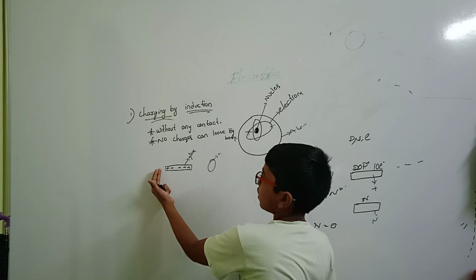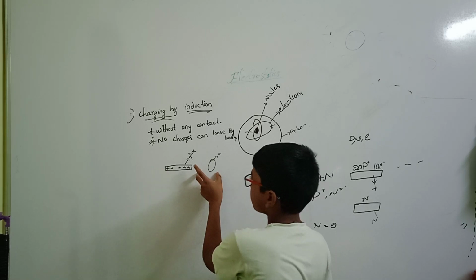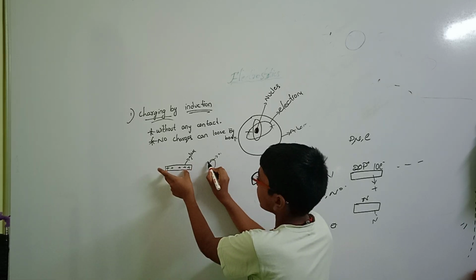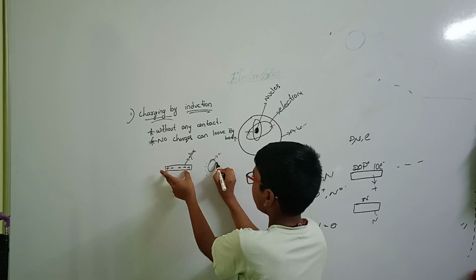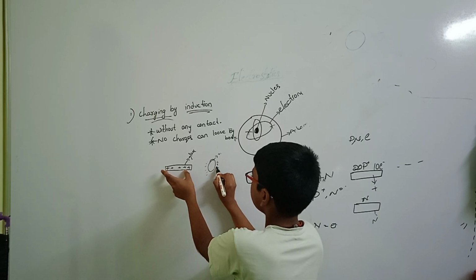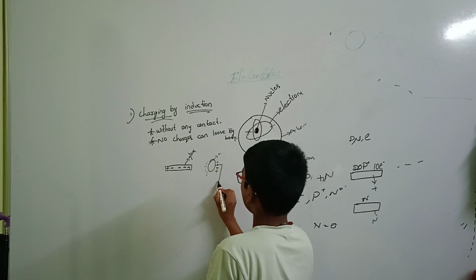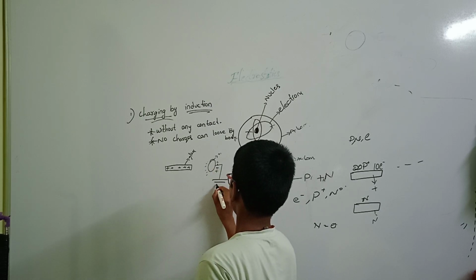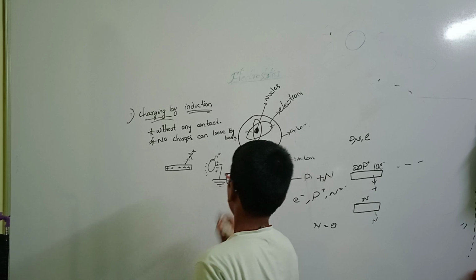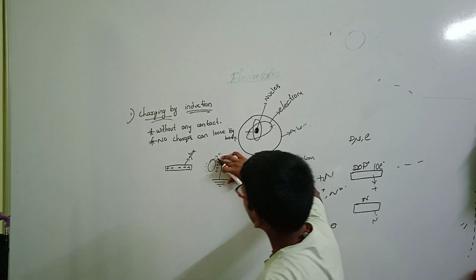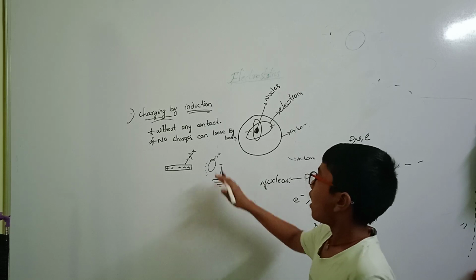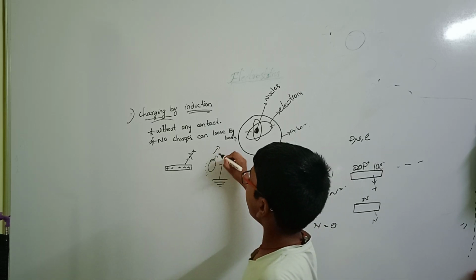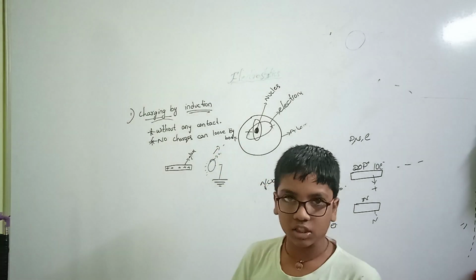If you keep the rod near the neutral sphere, the positive rod attracts negative charges, and the positive charges will be on the far side. If you connect it to the earth, all the positive charges will disappear and the neutral metallic sphere converts to a negative metallic sphere.